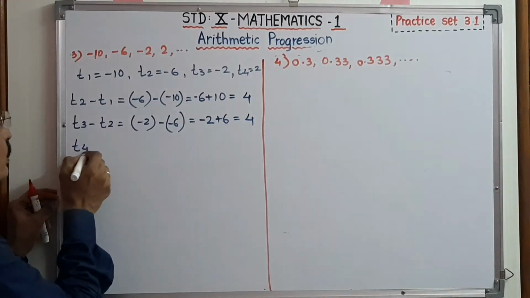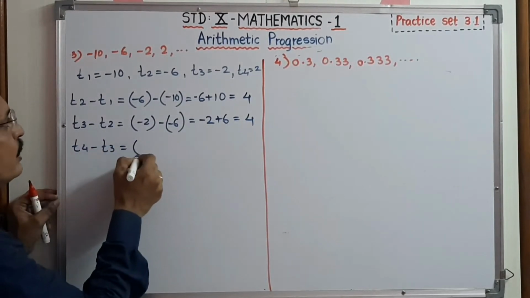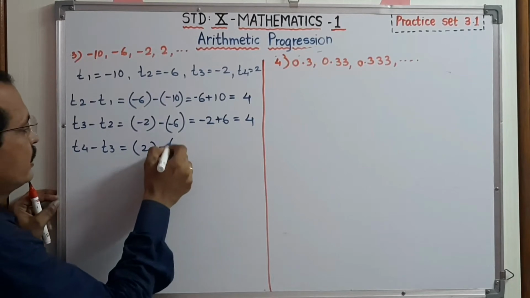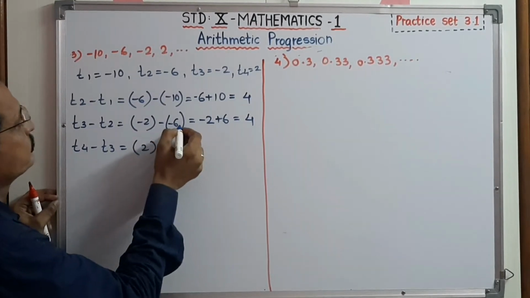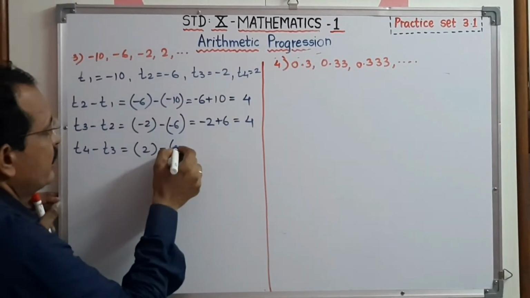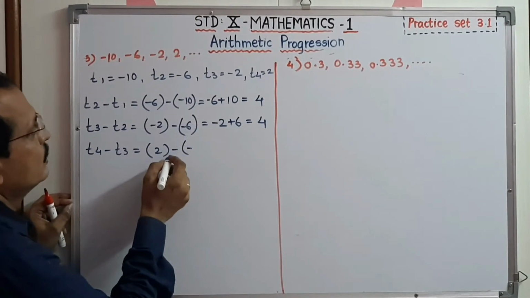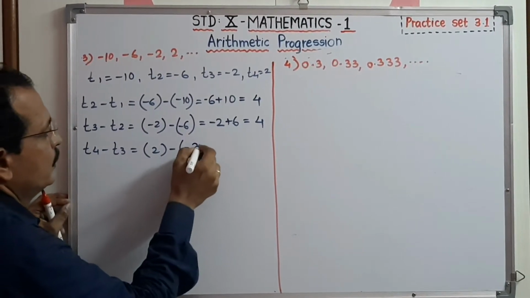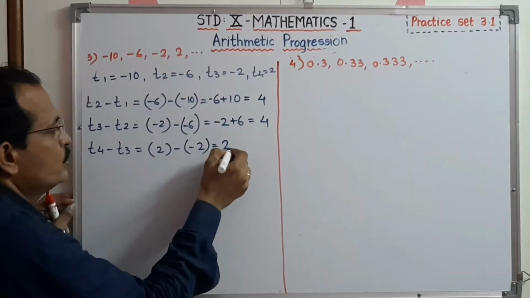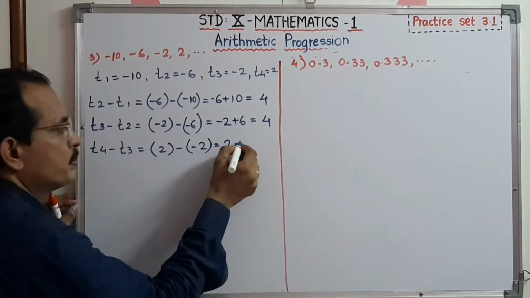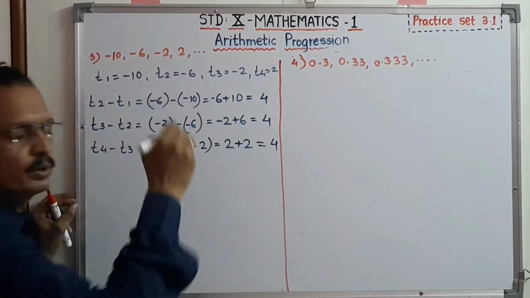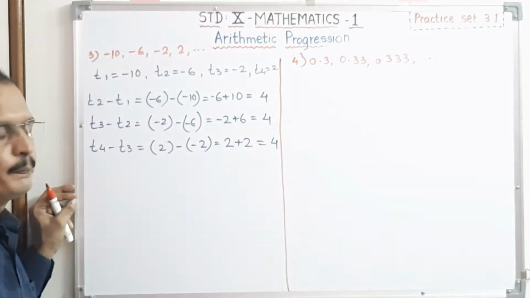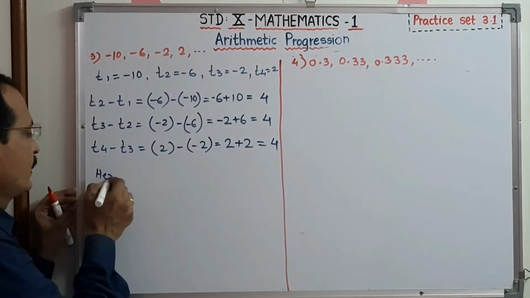And t4 minus t3. t4 is 2 minus t3, where is it? It is minus 2. Now see this, this minus minus plus 2 and here it is 4. Got it?